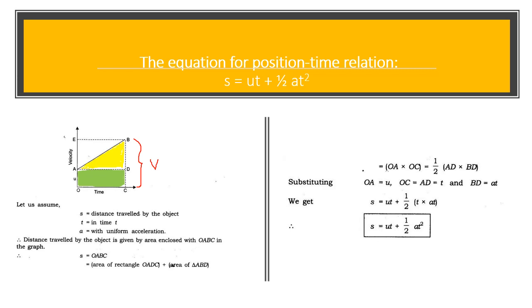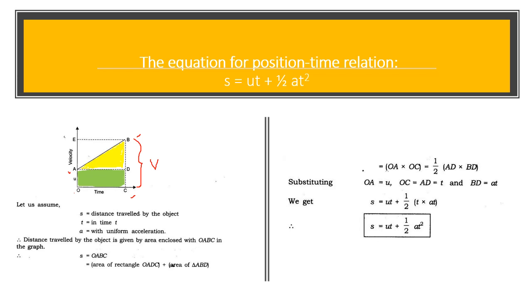The distance s traveled by the object is given by S equal to area OABC. This is nothing but area of trapezium O, A, B and C.